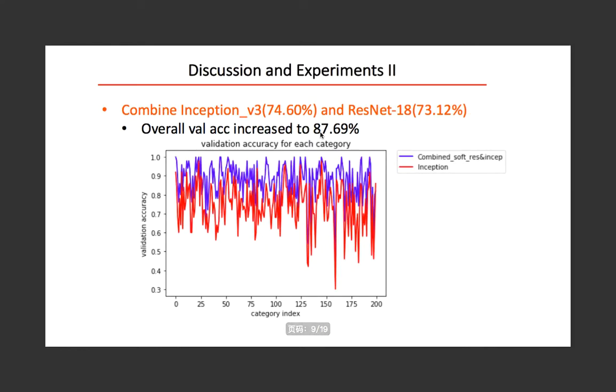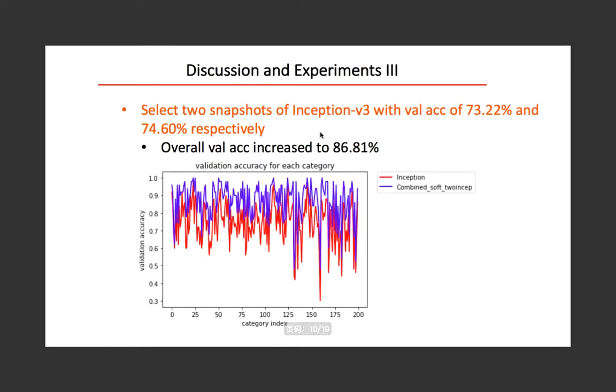So if we only look at the overall validation accuracy, the two experiments are in the same situation. But the only difference is that in the first experiment, we are ensembling two different networks, and in the second experiment, we are ensembling the same kind of network.